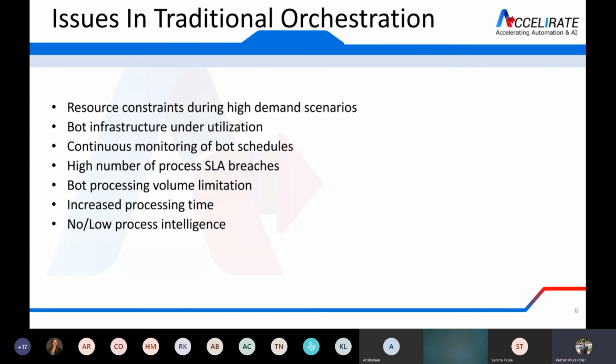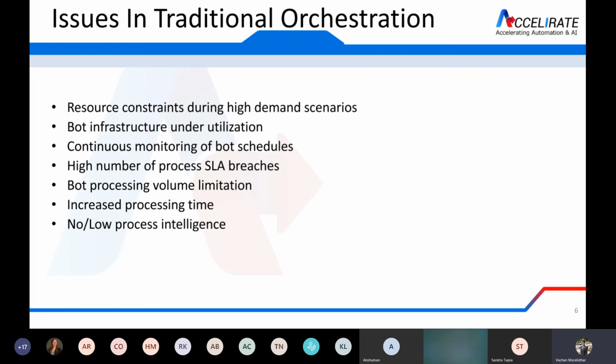So as I explained before, what exactly is the traditional orchestration, and what are the problems in the Gantt chart? These are the frequent issues from our clients who are using traditional orchestration. The first thing is resource constraints during high demand scenarios.